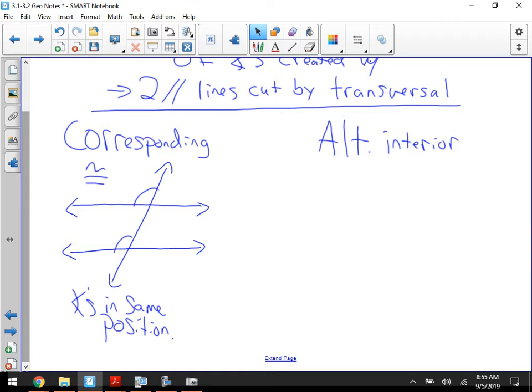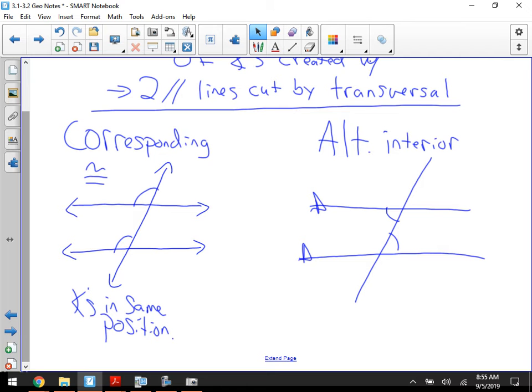Alternate interior. Now, alternate interior will be angles that are inside the lines on opposite sides.